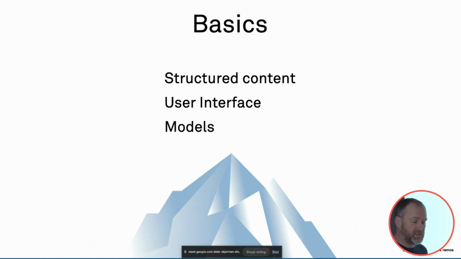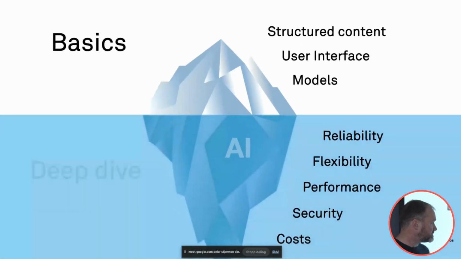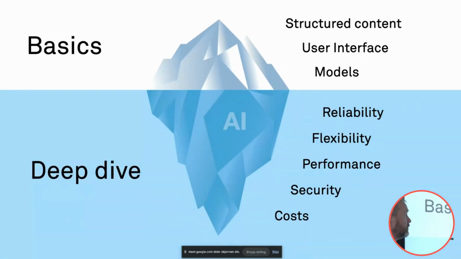But as you dive a bit deeper into the whole package, you'll see there are a dozen more issues like reliability. Can we expect to get the consistent answers we need back from the AI? How flexible is it? Can it do what we need? Is it fast enough, right? Sometimes you can't just stream back like you see in the normal chat where it just fills in. You have to wait for the entire answer before you can present it.